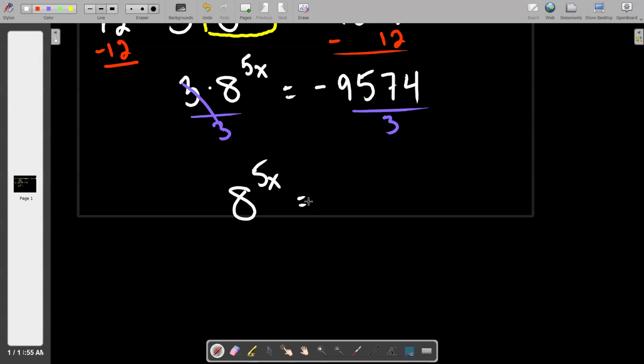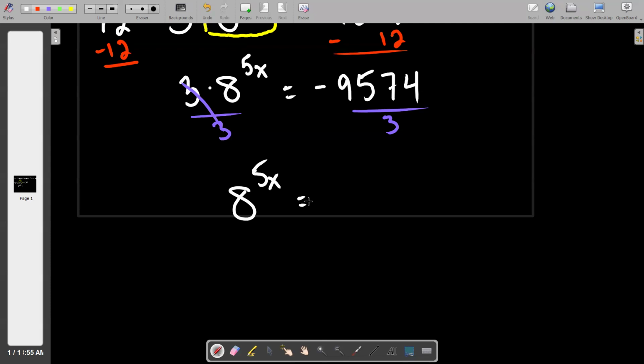I think by March 18th, it's safe to assume you've all got one with you. If you type in negative 9574 divided by 3, your calculator is going to say, don't write this down. You do not want to take negative 3191.3 repeating and put that on your paper.